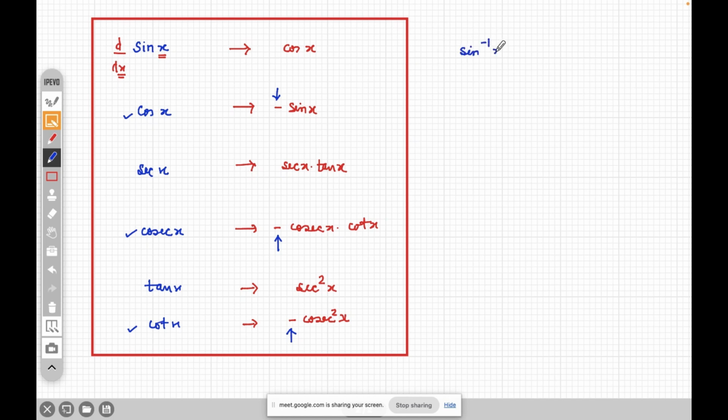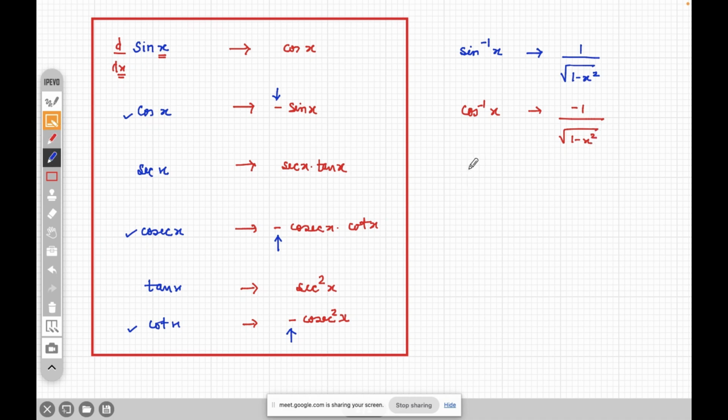Sine inverse x is an inverse trigonometric function. Its differentiation is 1 upon root 1 minus x square. Cosine inverse x is an inverse trigonometric function. Its differentiation is minus 1 upon root 1 minus x square.